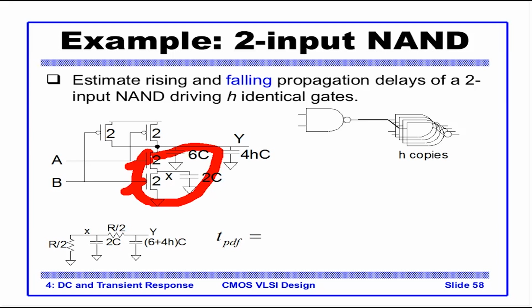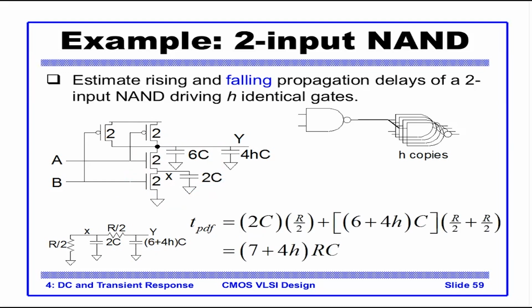From Y it goes to A, R by 2 and 2C, and again to B, which is nothing but R by 2. So the Elmore delay will be R by 2 into (6 plus 4H)C, plus R by 2 into 2C. So it will be (7 plus 4H) RC.